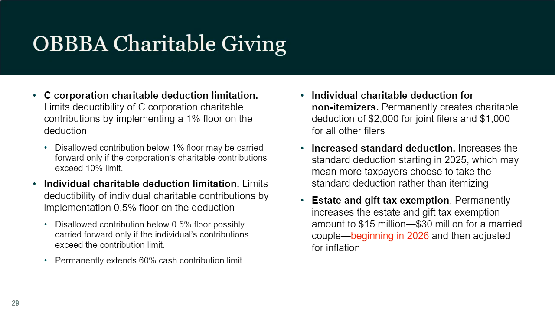So basically they lose the 1% and they get to deduct the middle. From an individual charitable deduction limitation point of view, there is a 0.5% floor. Disallowed contributions below the 0.5% floor may be carried forward if the individual hits their max, but most individuals are not necessarily hitting their max giving potential.